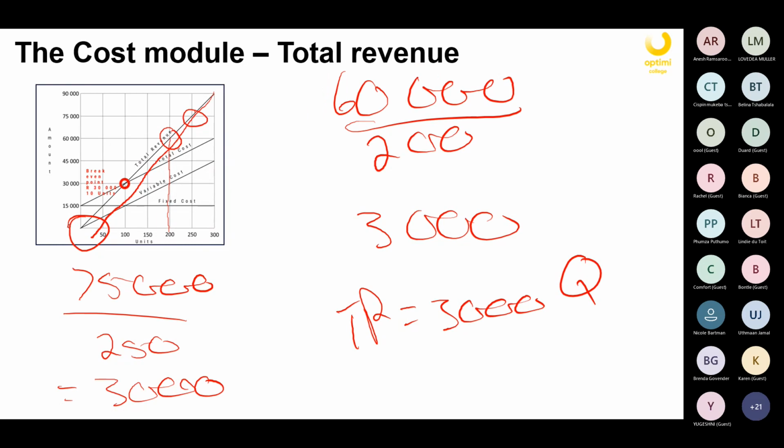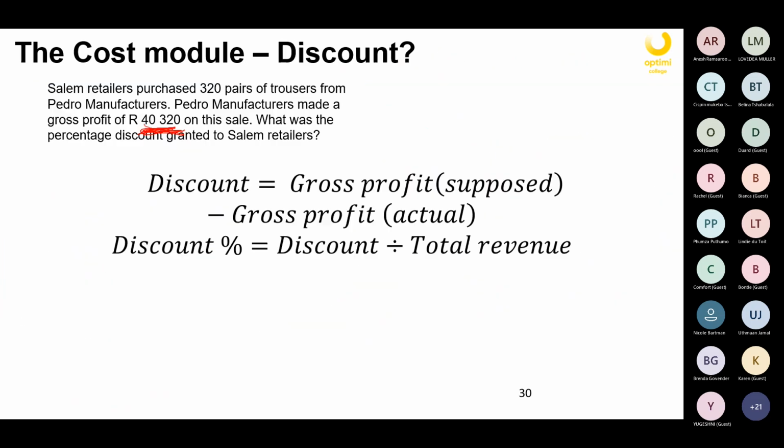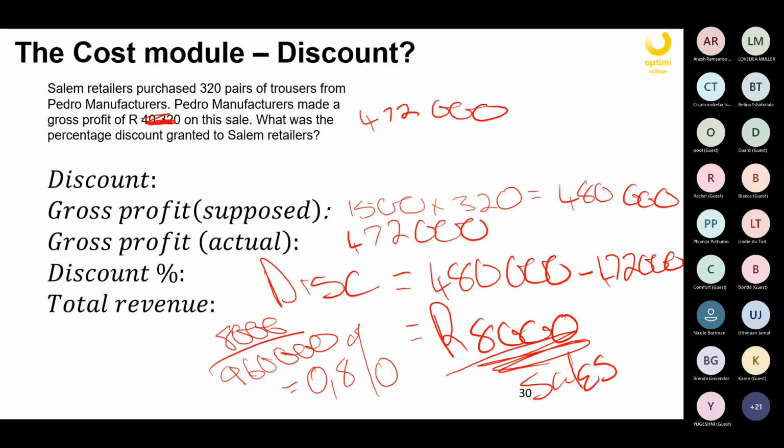There's the total revenue. It's 3,000 Q. You multiply it by the 320 units that they buy, and that is 960,000. There is the 320 units that they buy. You see there at the top. Yes, yes. Okay. That's your total revenue. It's the 320 pairs of trousers times 3,000 rand.